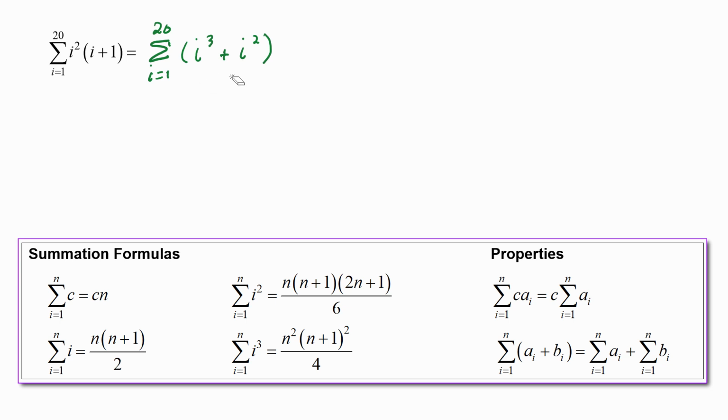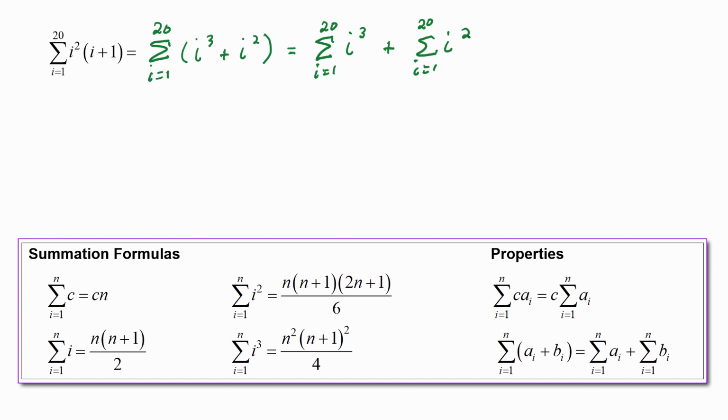Now, because we have a sum in here, we can break this up into two summations. So we will do the summation i equals 1 to 20 of i cubed plus the summation i equals 1 to 20 of i squared.